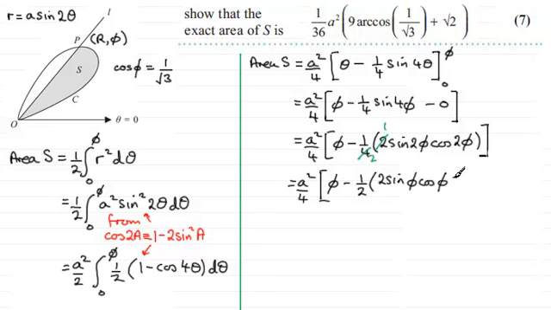Now for the cosine of 2 phi, I've got several options here. I could write cos squared phi minus sine squared phi, or I could write 2 cos squared phi minus 1, or 1 minus 2 sine squared phi. It's up to you. Okay, I'm going to go for 2 cos squared phi minus 1. And that takes us to the end there.